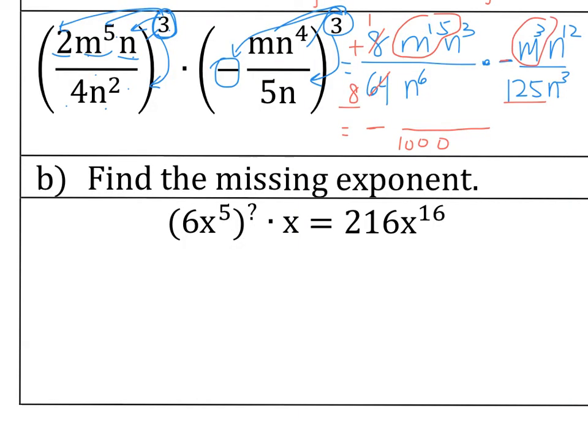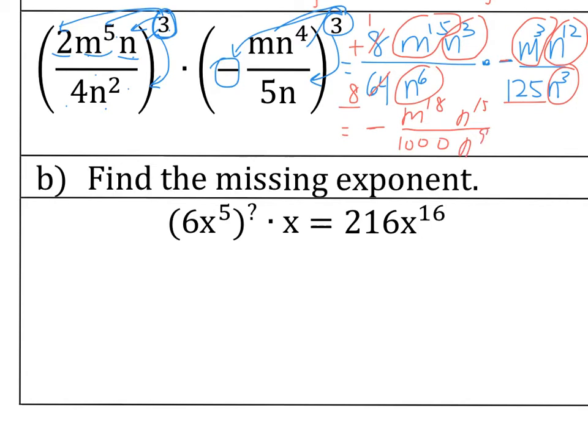M to the 15th power times n to the third power is m to the 18th power. And I'm going to look at all my n's now. N to the third power times n to the 12th power is n to the 15th power, and for the denominator, n to the 6th power times n to the third power is n to the 9th power.